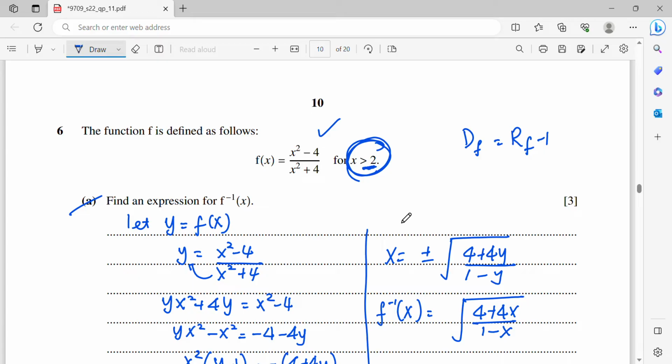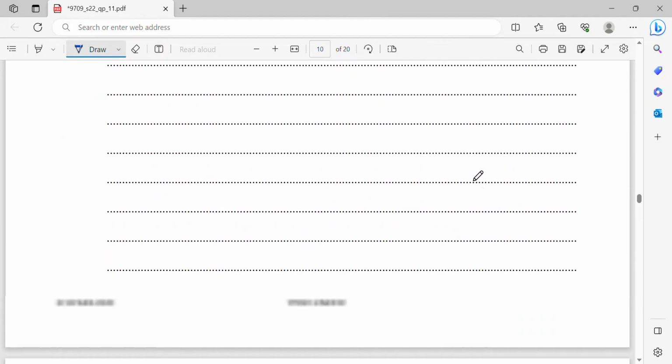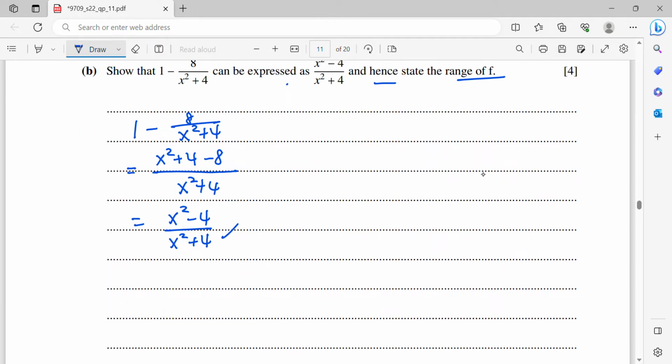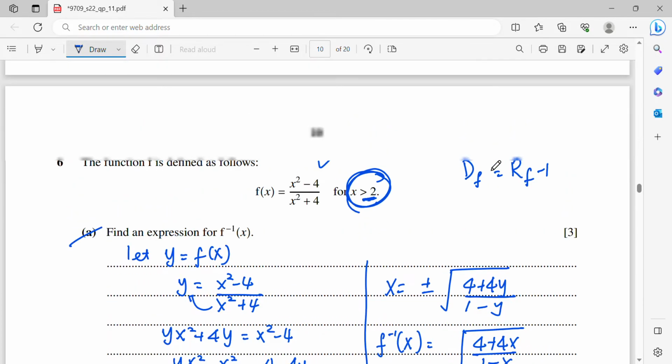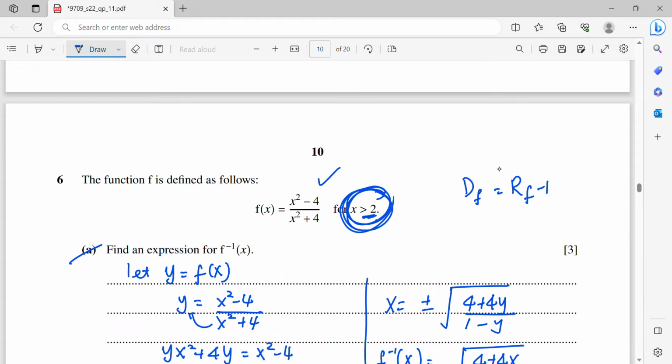Alright, so now again, we need to find the range of f. I know that this is my f(x), so this is my f(x) as well, 1 minus 8 over x squared plus 4. By looking at the domain of x, your x is always greater than 2.